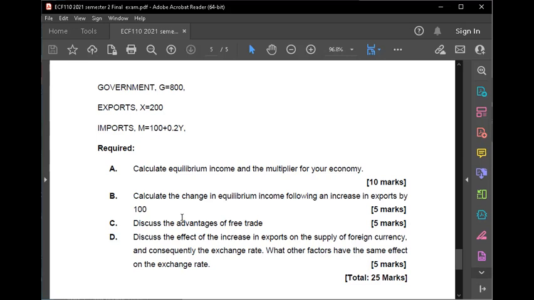And it also brings about efficiency in production, or specialization, that is.